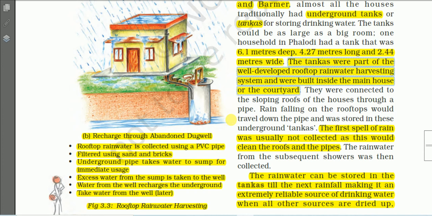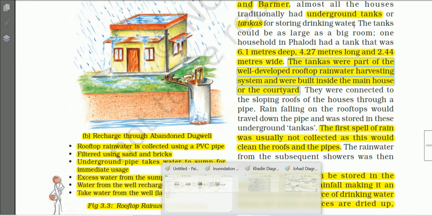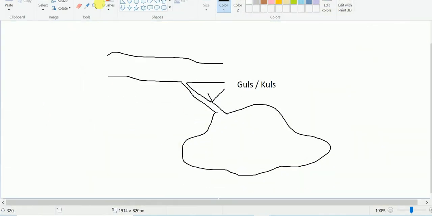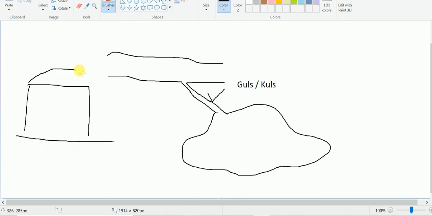So, for example, here we have the house, and these tankas can be kept underground, just below the room, or just in the courtyard here.